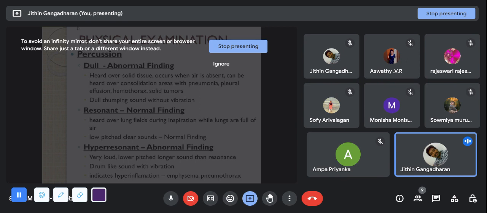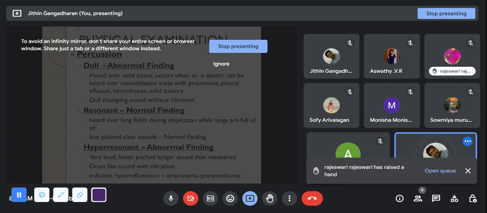Dullness, or dull abnormal findings: when we are doing percussion, you will hear a dull sound, which is an abnormal finding. And the resonant sound, I have said, is when we are doing percussion over an air-filled space.